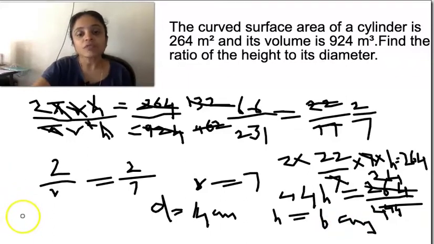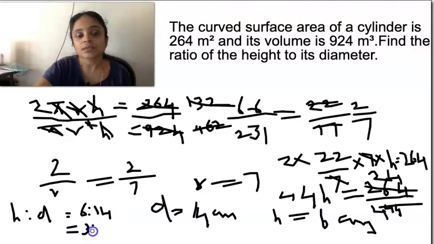Now we have to find the ratio of height to diameter, right? It is nothing but 6 is to 14. Now dividing both by 2, we'll get this as 3 is to 7. So ratio of height to diameter is 3 is to 7. Understood? Okay. Now we shall proceed to next question.